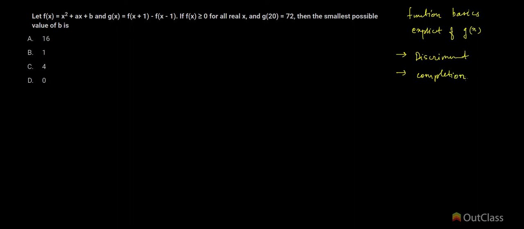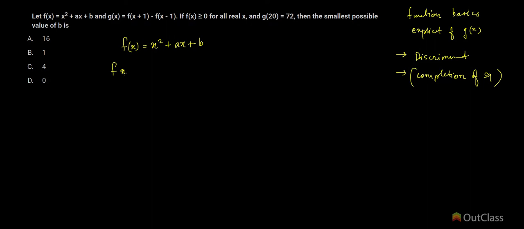Now the discriminant expression itself is derived by using completion of squares, so just go straight to the source is what I would say. It's more efficient. Let's see. So we have f of x is equal to x square plus ax plus b.